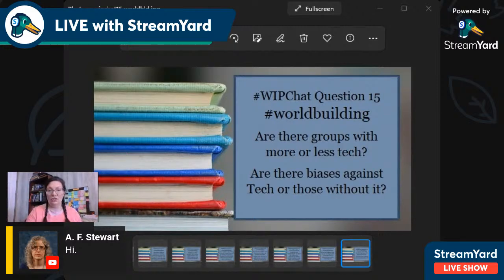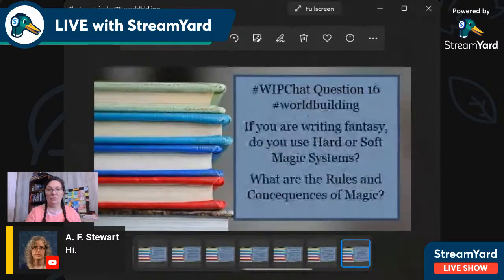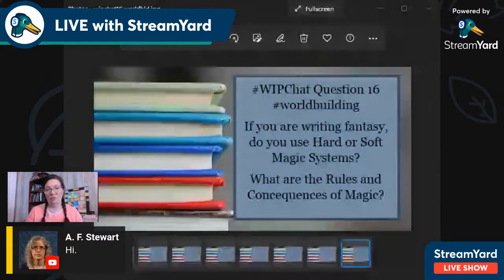Whip chat question number 16. If you're writing a fantasy system, do you use a hard or soft magic system? What are the rules and consequences of magic? This goes back to the Harry Potter example.